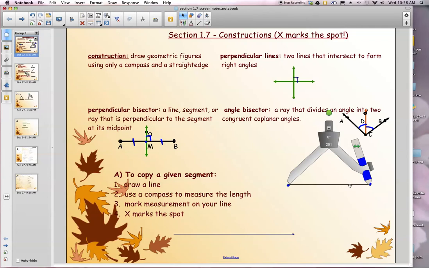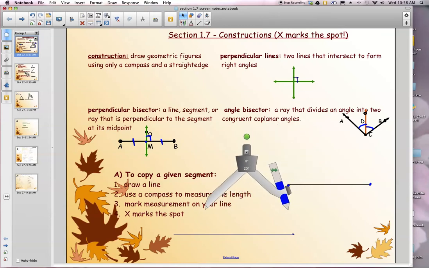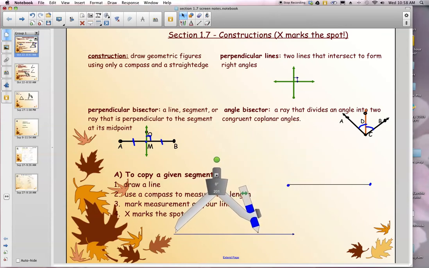Then, without squeezing the compass, you're going to pick it up and carry it down to the new line that you've drawn. The end point here will match with the end point here. Okay, these are the same. And then you use the compass and you make what's called a construction mark. Compasses make arcs. That's what they do.